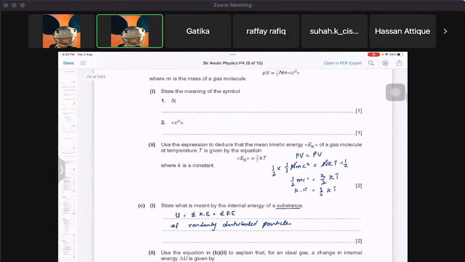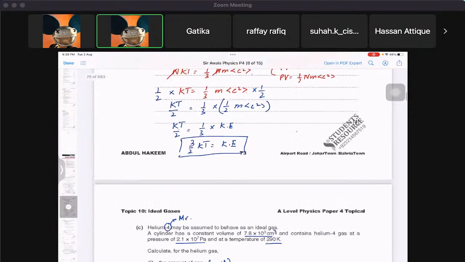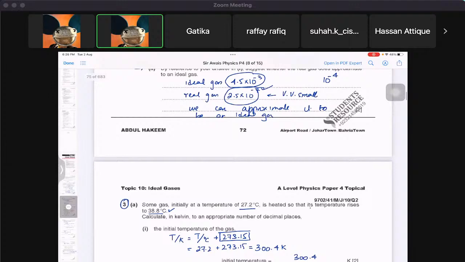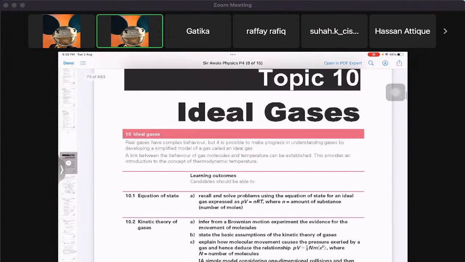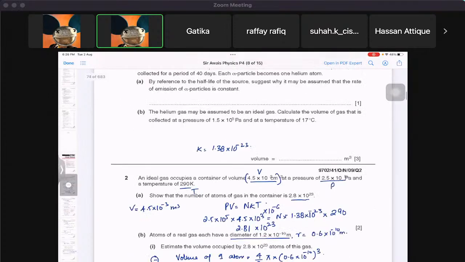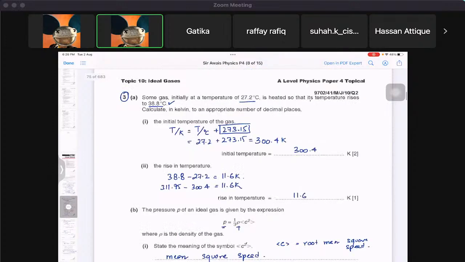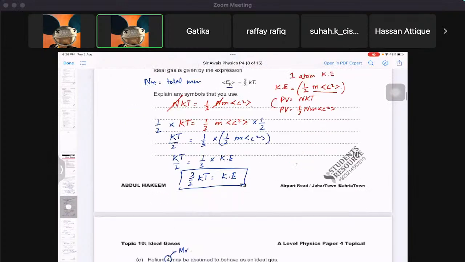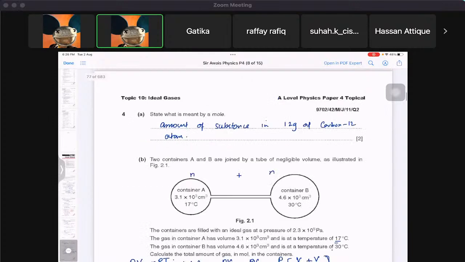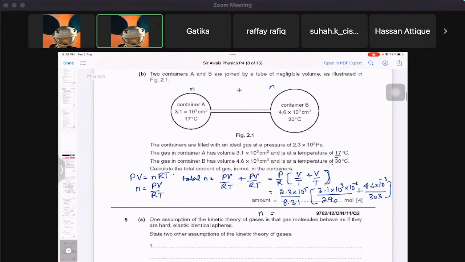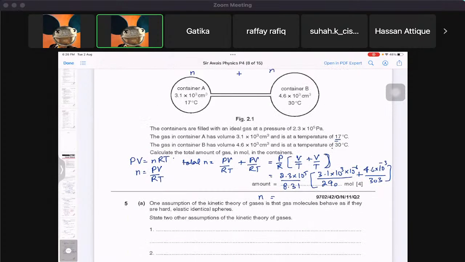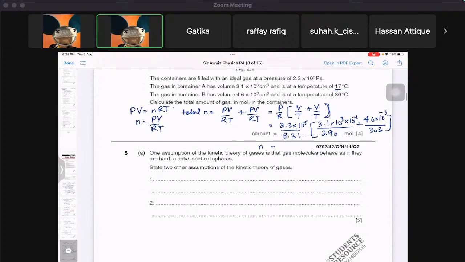Okay, so you will see that every single place they're going to ask you this. Like, you see, one assumption of the kinetic theory of gases is that gas molecules behave as hard, elastic, identical spheres. State two other assumptions. So if you don't know, you can't write them, right? And then similar questions everywhere.